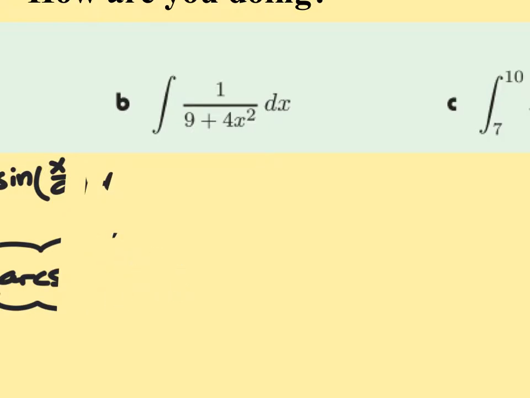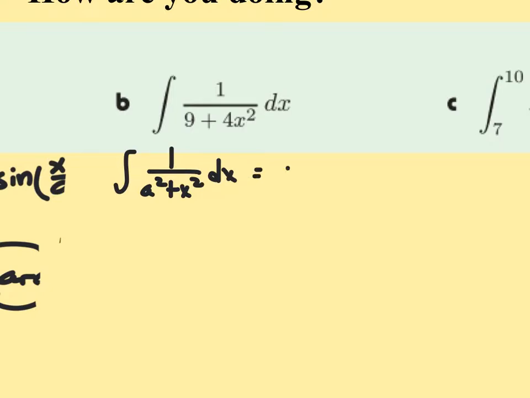Anyways, the integral of 1 over a squared plus x squared dx is going to equal 1 over a times the arctangent of x over a plus c. I'm sorry, this is bothering me just as much as it's bothering you. Oh no, I can't get rid of it. Oh, great.